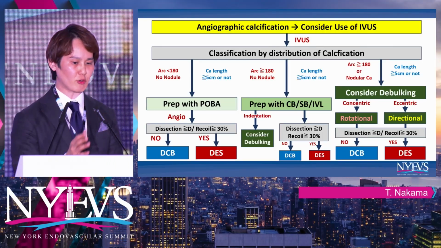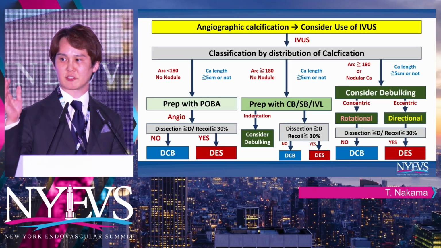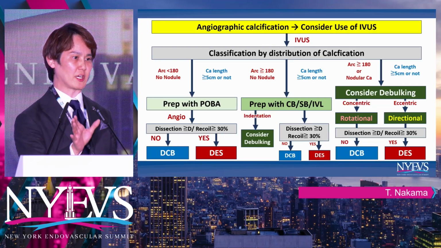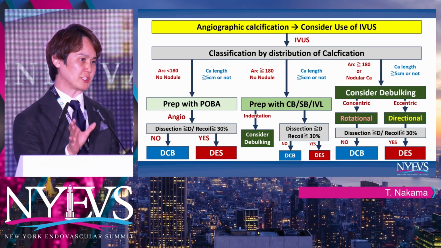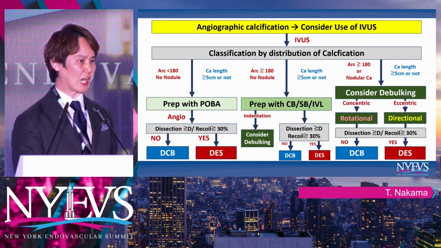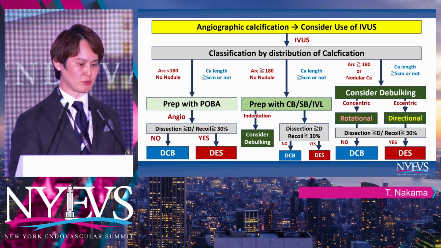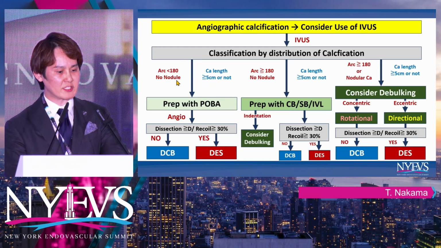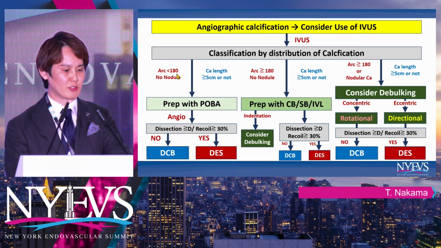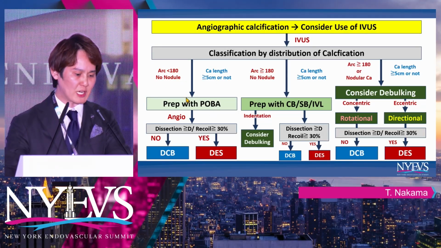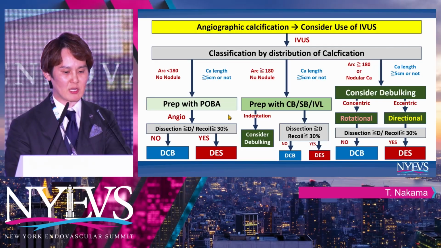If you find angiographic calcification, please consider using IVUS, because distinguishing deep calcification and superficial calcification is impossible with only angiographic findings. If you use IVUS, you can easily distinguish both. If you see less than 180 degrees of calcification or no calcified nodule, lesion preparation with simple angioplasty is often sufficient.